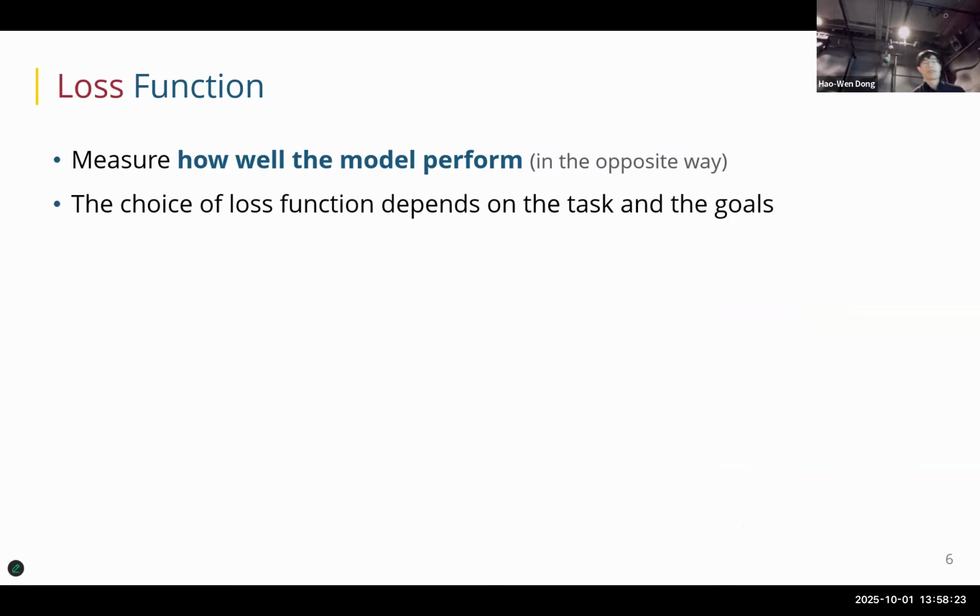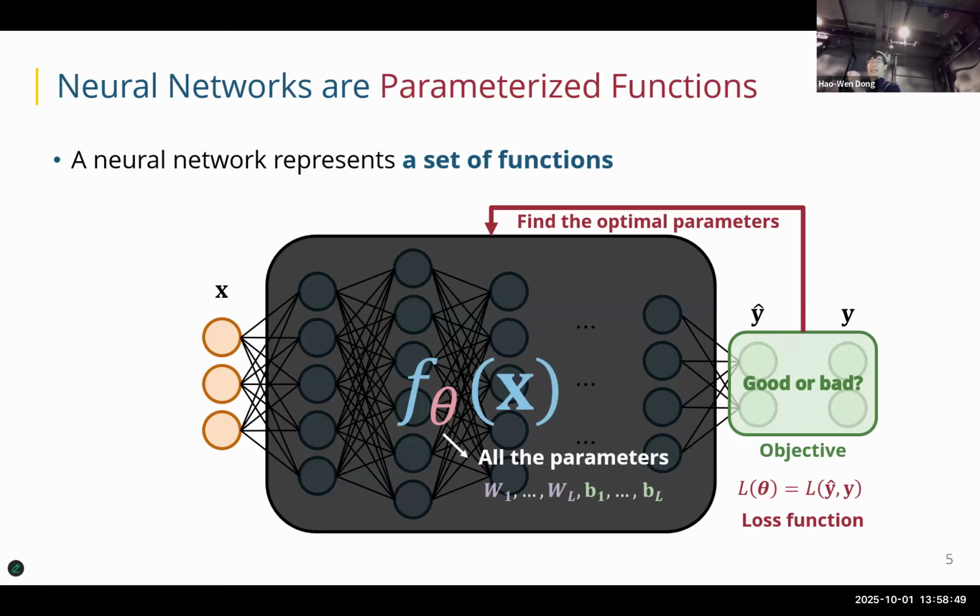So basically, the loss function measures how well the model performs. Technically, it's the opposite, because that's the objective function. The loss function is how bad the model performs. The choice of loss function depends a lot on the task and the goals. This is usually the form, L theta. One interesting thing about the loss function is that it is a function of the parameters, not of x.